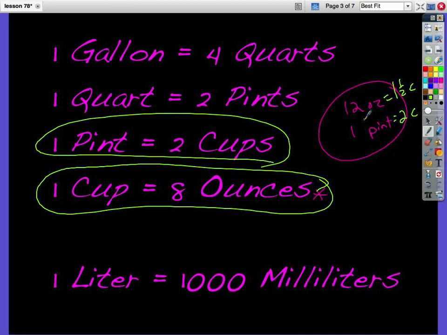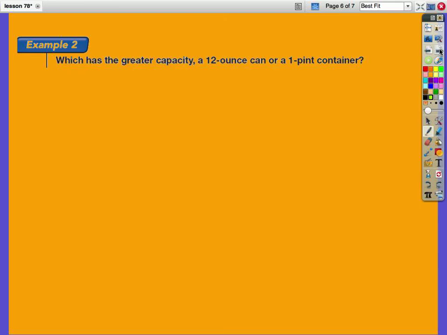So which one's going to have more, that 12-ounce can or a pint? Well, if you look here, that pint's going to have more because that's 2 cups, where the 12-ounce can is only 1.5 cups. So to write an answer on here, either 1 pint container.